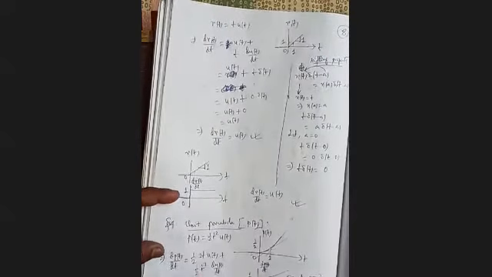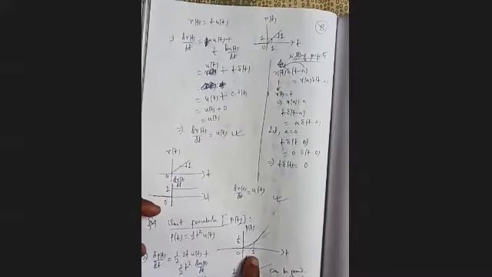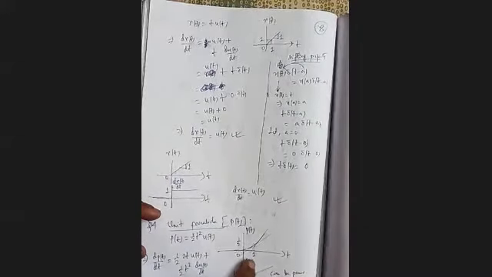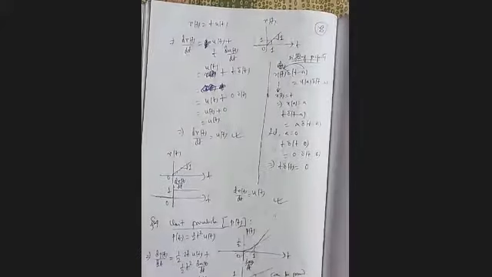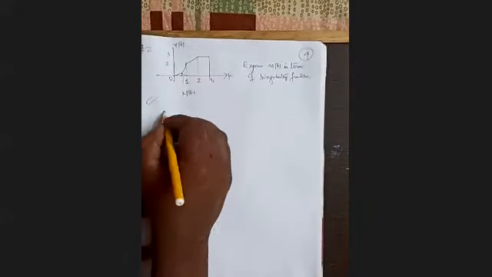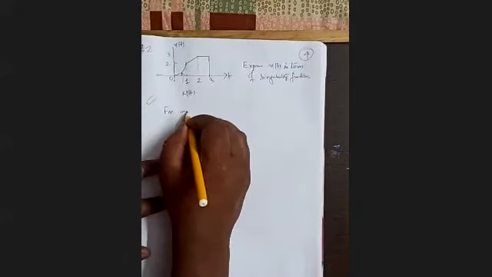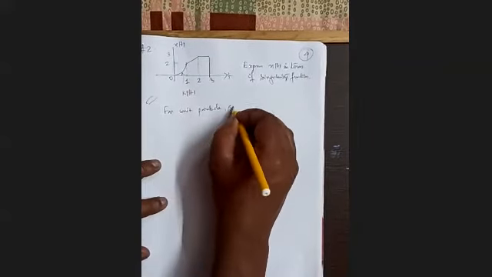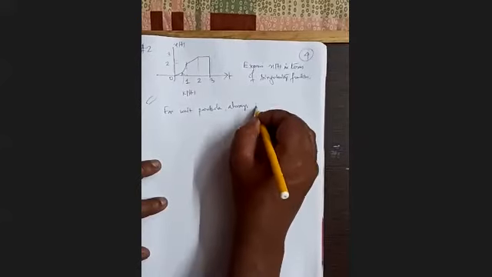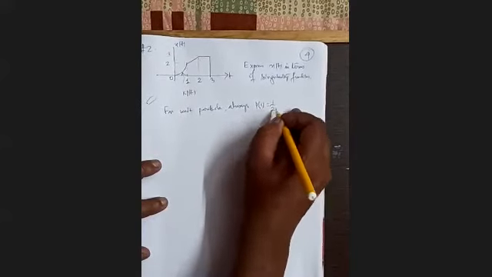For the unit parabola at t equal to 1, its value is always equal to 1 half. So p(1) is always equal to half for the unit parabola.